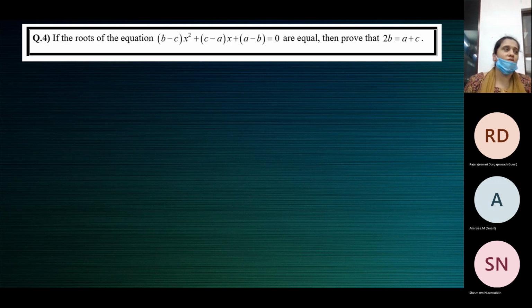These are standard questions, very important. Rajeshwari, is the given equation in the standard form?